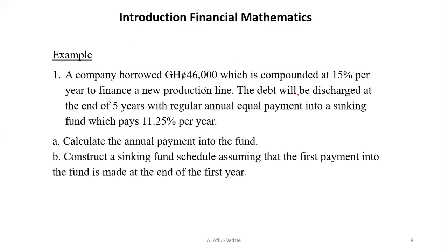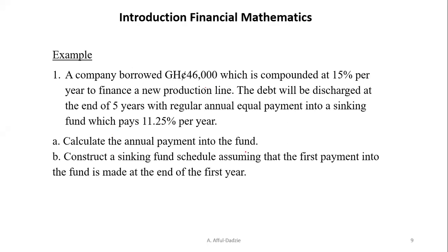The debt will be discharged at the end of 5 years with regular annual payment into a sinking fund which pays 11.25% per year. Calculate the annual payment into the fund.